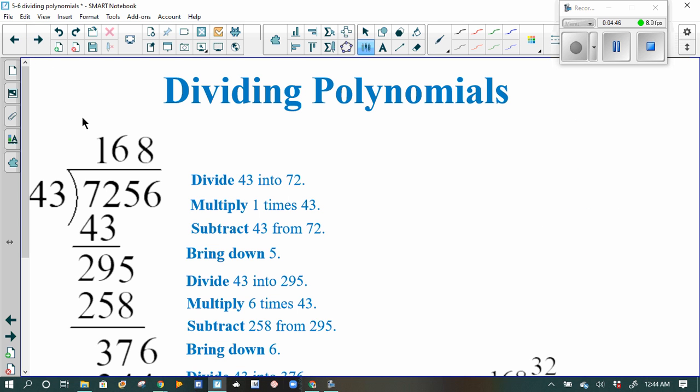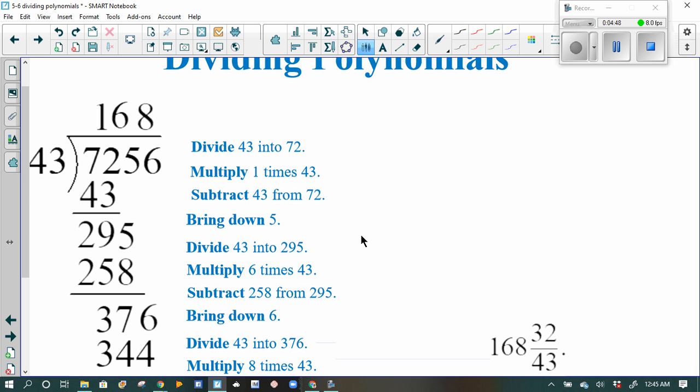Okay, so we're going to use long division. So here's a really long one. You divide 43 into 72. It goes in one time. 43 times 1 is 43, so subtract it. You get 29, bring down the 5. Now 43 will go into 295 6 times. Then you distribute that back, so that's 295 here.